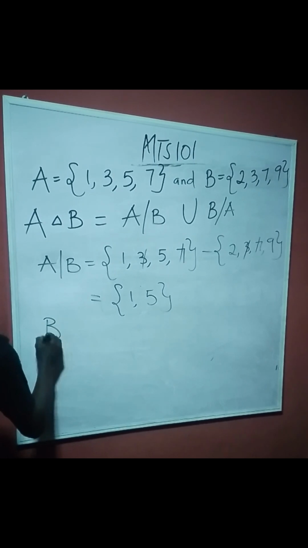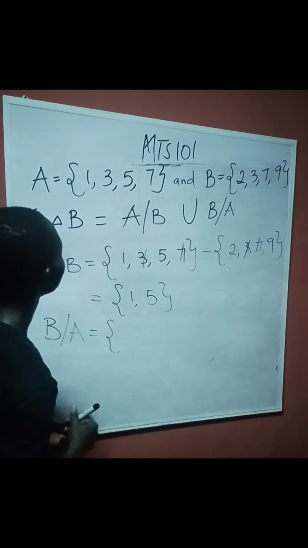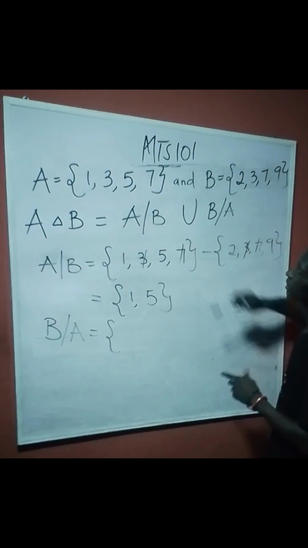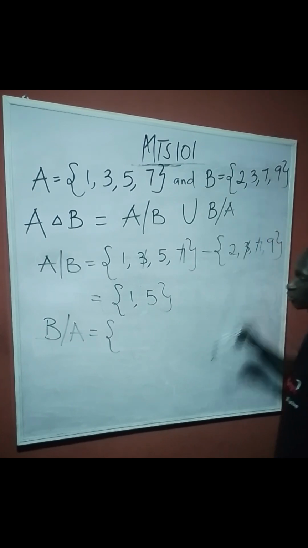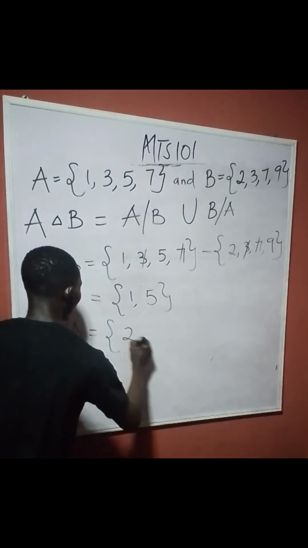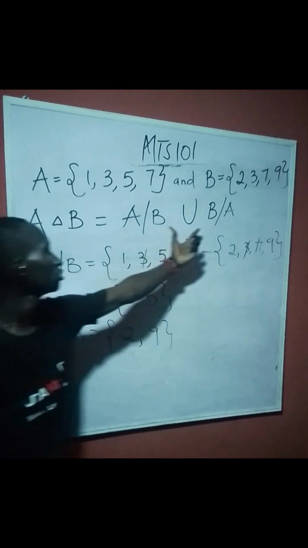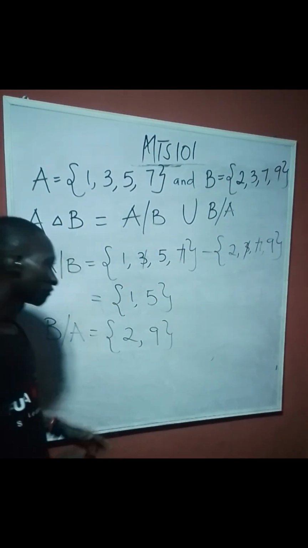So what is B difference A? This time around, you're going to do B difference A. Just take out the common elements in A and B, which is what? 3 and 7. So what do you have left? If 3 and 7 has gone, we have 2 and 9. Correct. 2 and 9. And we take the union, because we say that the union of the differences brings the symmetric difference.